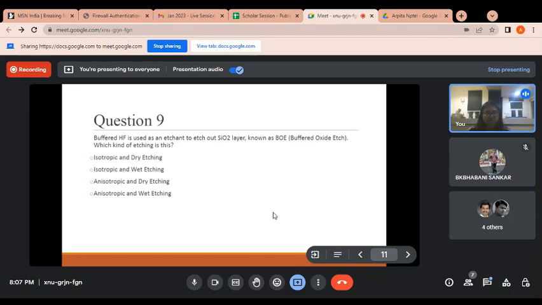Option C, anisotropic and dry etching. Can you please explain why? At least try. Please try to explain. Can you tell me what is dry etching?